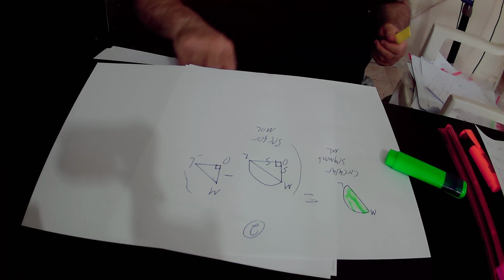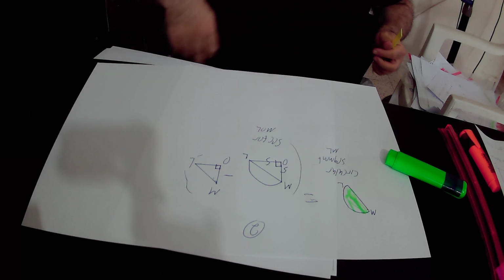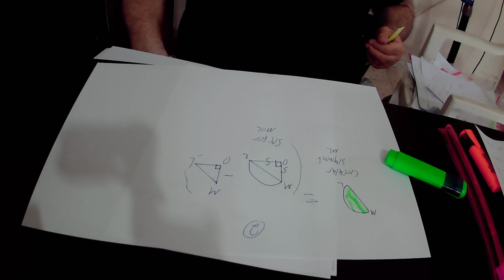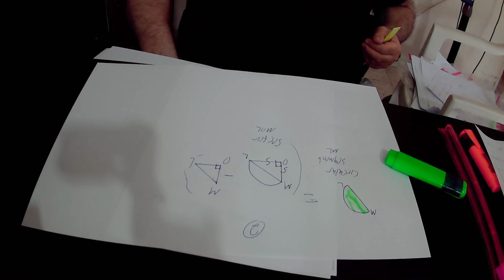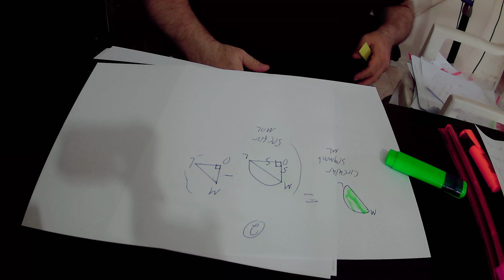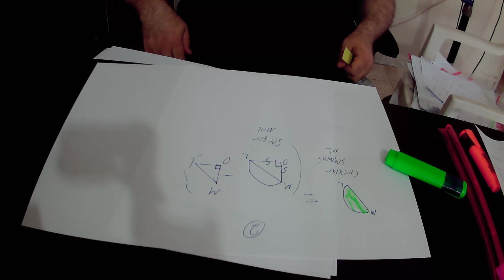But here, sector MOL is a quarter circle, because this angle equals 90 degrees. And we know that the area of any quarter circle equals the area of the circle over 4.